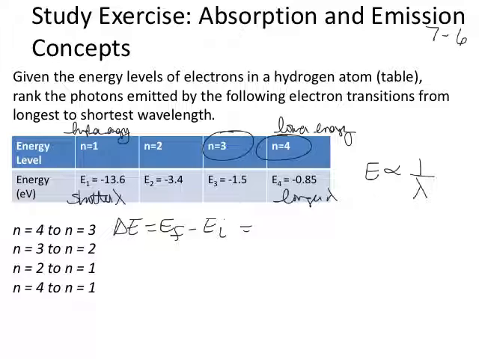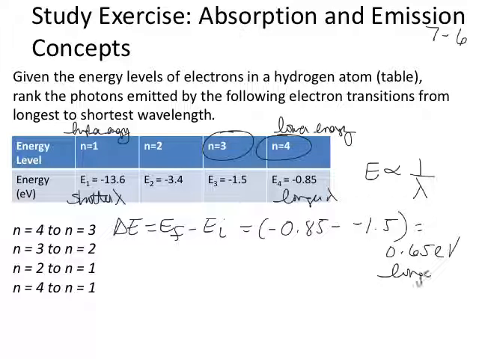So this is basically negative 0.85 minus negative 1.5, and that gives you 0.65 electron volts. And that's going to be a longer wavelength because it's less energy.